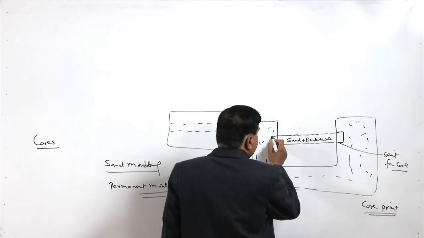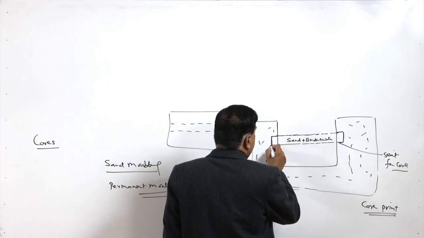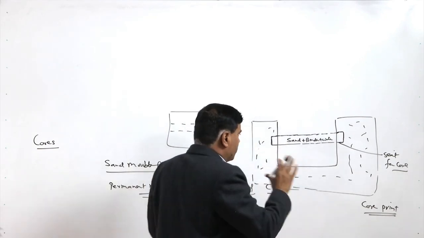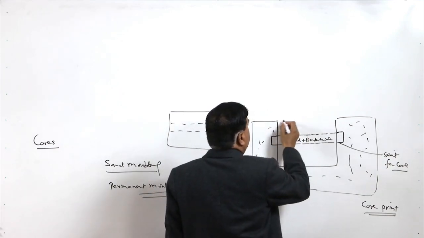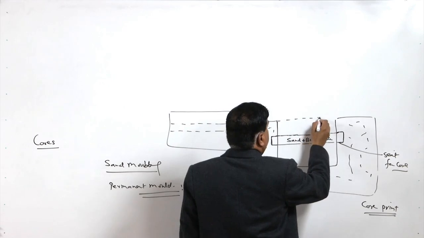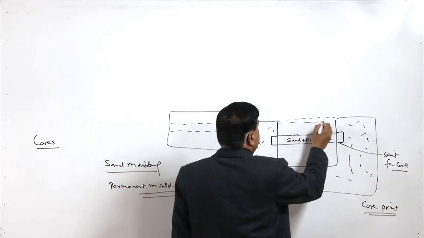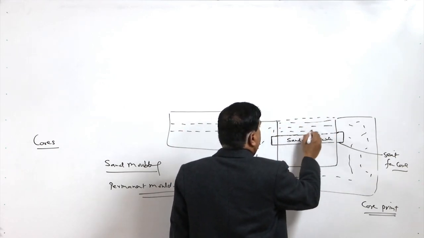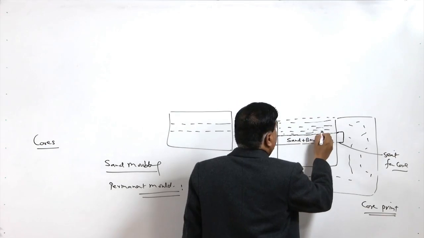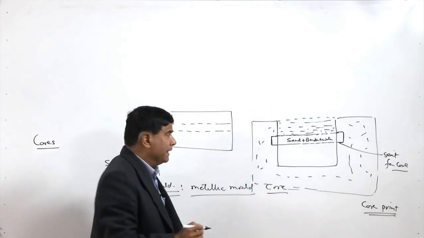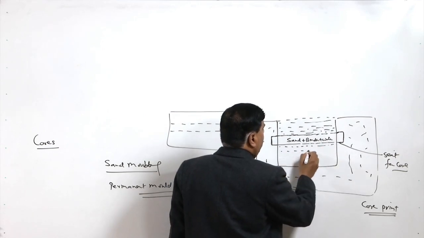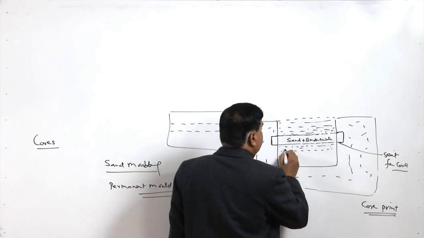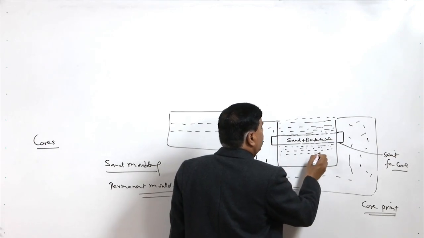So, it is important that the size of the core print is sufficient to support the core, especially under the conditions when there is molten metal. When we fill the molten metal into the mold, the location where we have core is not filled in, and that is how it will be leaving the cavity, leaving the core in this position without the metal.